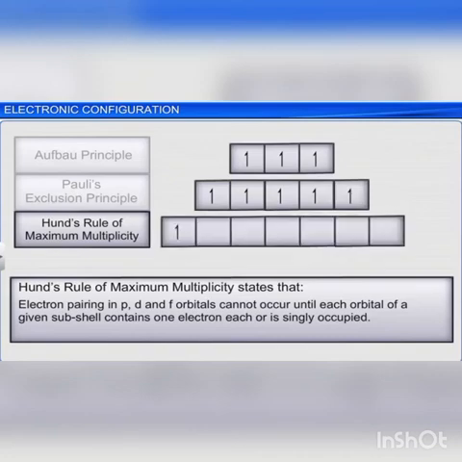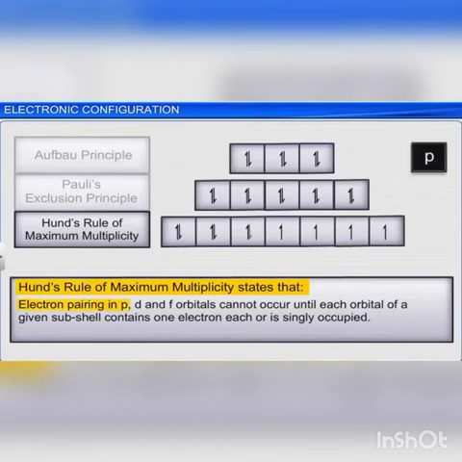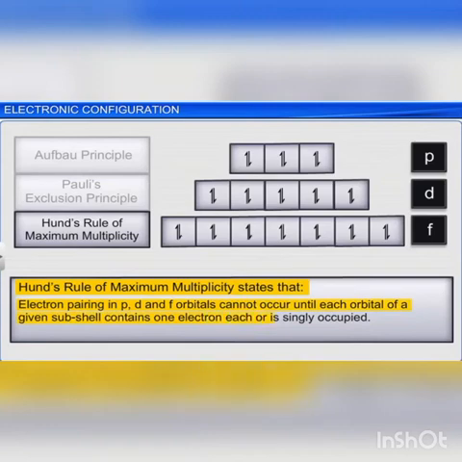It states that electron pairing in p, d, and f orbitals cannot occur until each orbital of a given subshell contains 1 electron each or is singly occupied.